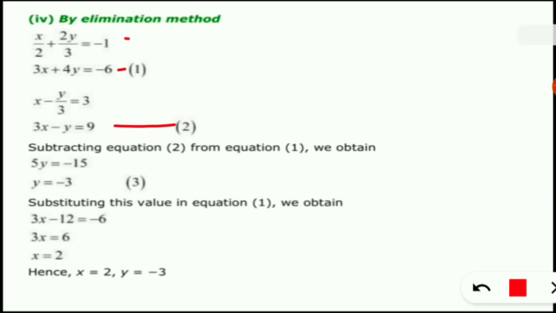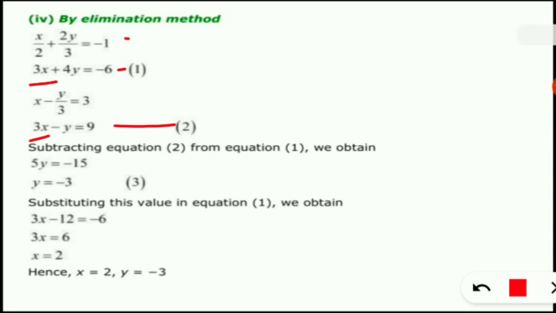Now here the coefficient of x is the same. So if we simply subtract equation 2 from equation 1, then x is eliminated. After that we will get the value of y.